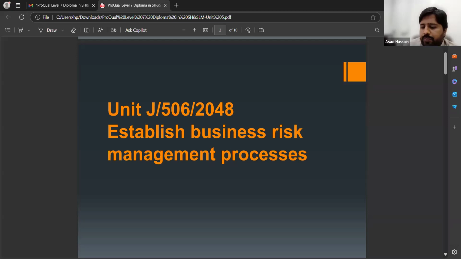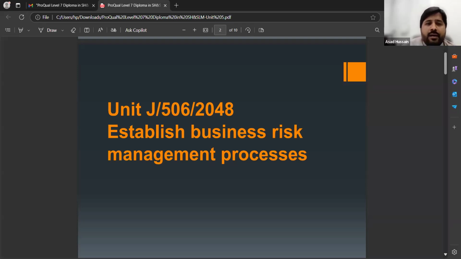You have to give consideration here to the topic of this unit: it is not all about safety risk management processes. It is about business risk management processes. In this unit, you have to consider risk management with regard to health and safety, but the focus will remain on business risk management processes.